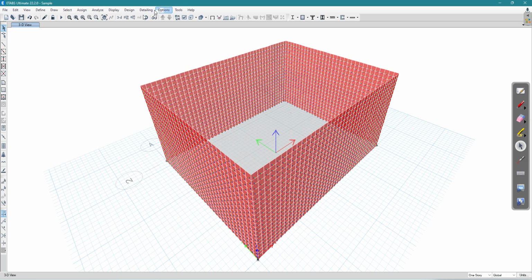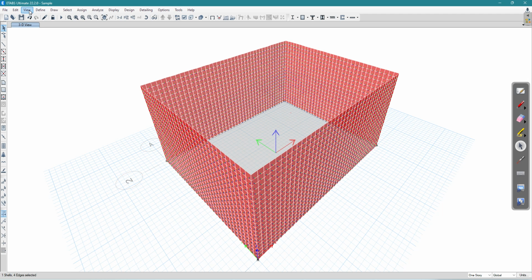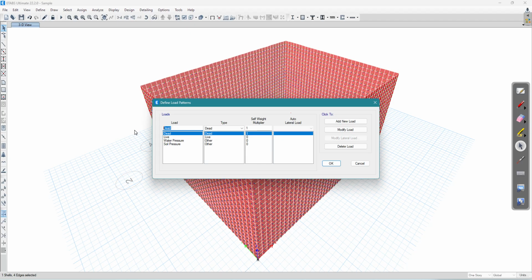You go to ETABS, you select only the base slab. Go to assign shell loads. Oh sorry, before that you need to create a load pattern. You go to define load pattern, and create one more load pattern called uplift. Select other, self weight multiplier 0, and click add new load.